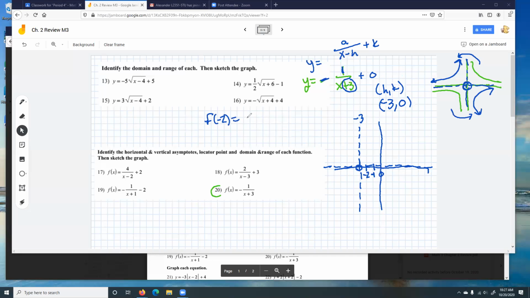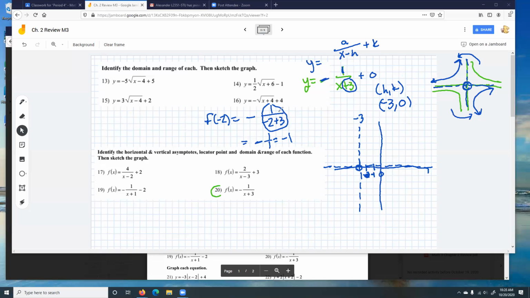And here I get -1 over -2 plus 3 plus 0. I don't care about the plus 0. So we do this part first, right? So this is 1, the denominator is 1 over 1, and then there's this negative out in front. So I get -1. So that's the point, -2, -1. Right here is my first point, okay?